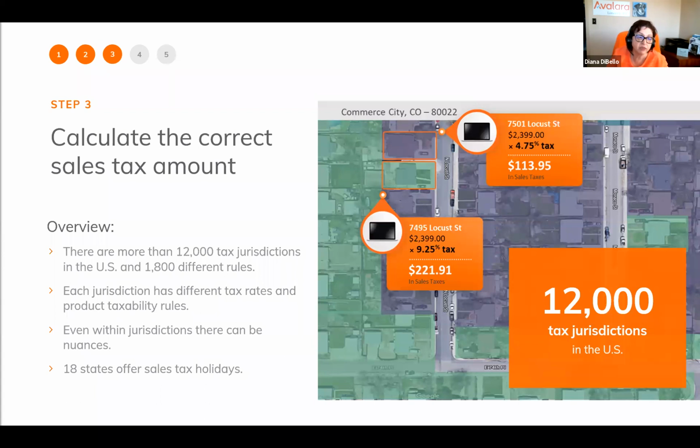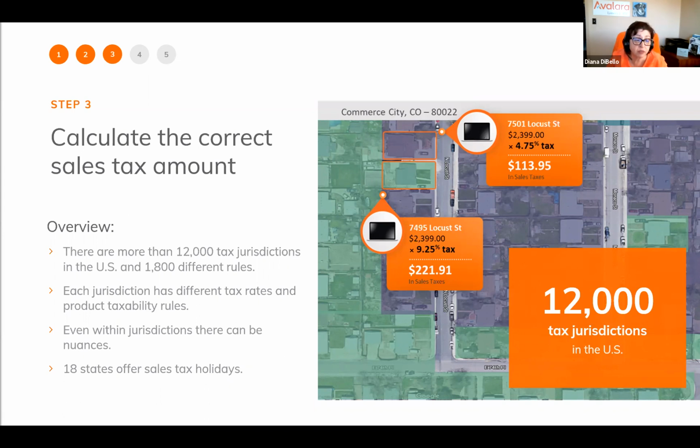You definitely need a resource to assist you with that process. Even within jurisdictions, there can be nuances. And then, of course, if you're in retail, the sales tax holidays are critical. You always need to be able to facilitate those sales tax holidays, whether it be at your point of sale, in-store bricks and mortar, or in e-commerce.